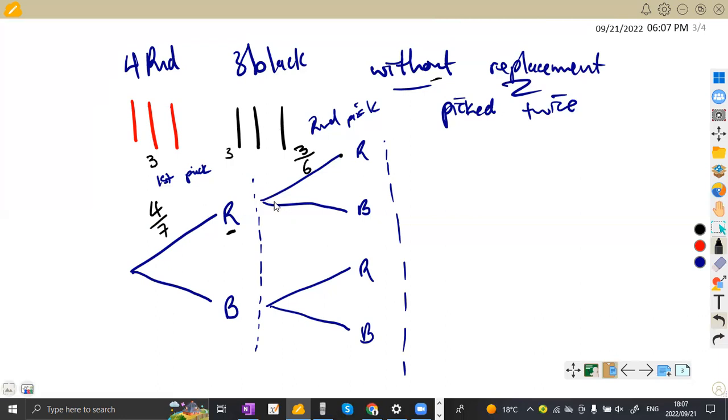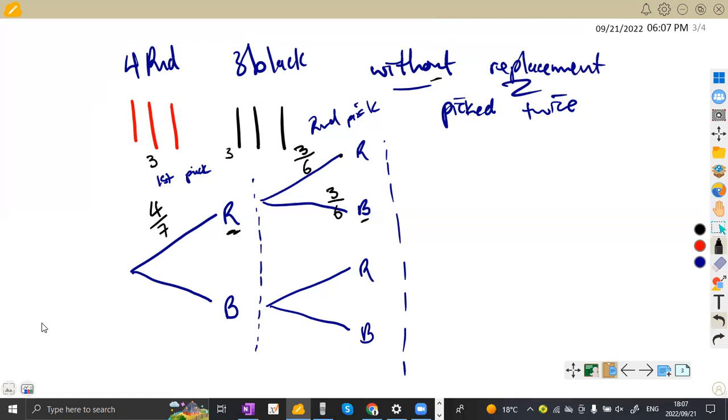Yes. But at this moment, when you picked a red marker or a red pen, what was happening with the black? So which means it's going to be 3 out of what? Out of 6. It affects the denominator.